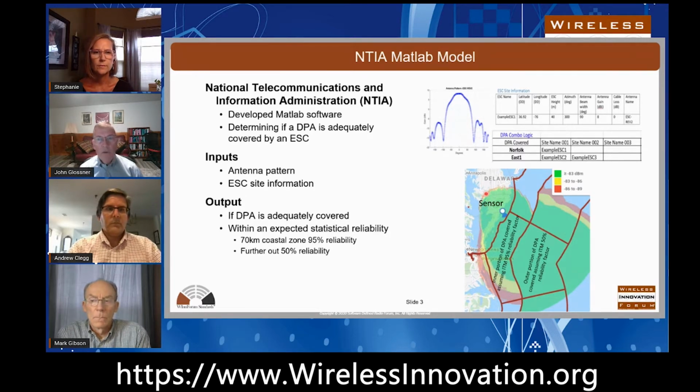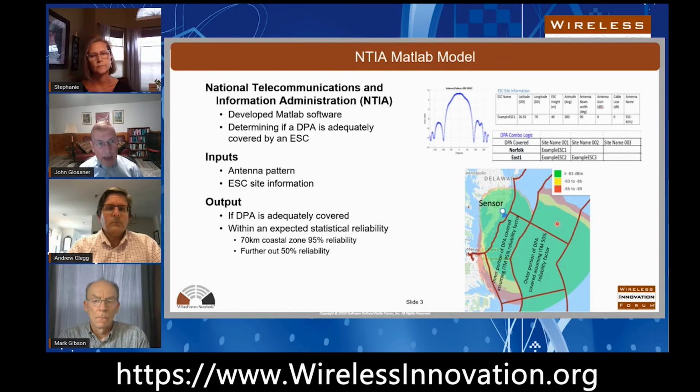So basically you put in the antenna pattern and a bunch of physical properties about the ESC sensor itself, and then it computes if a DPA is adequately covered to within some statistical reliability point. As Andy mentioned, it does go further out, but there's 2 zones that this software comes back with.